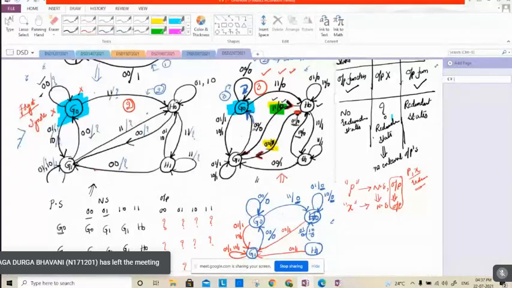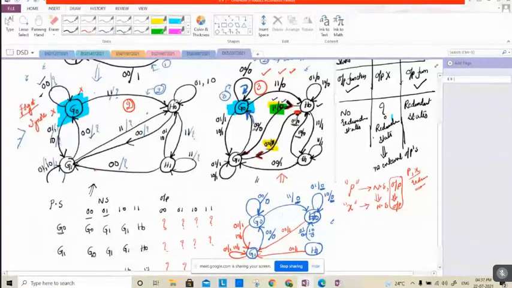Any other lines pending with H0? From G1, sir. From G1, right, okay. And this is again 1, 1 by 0, right?